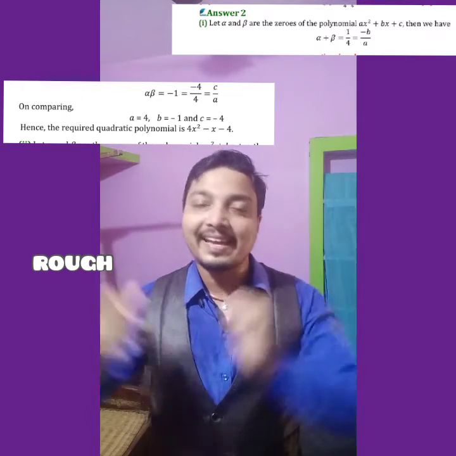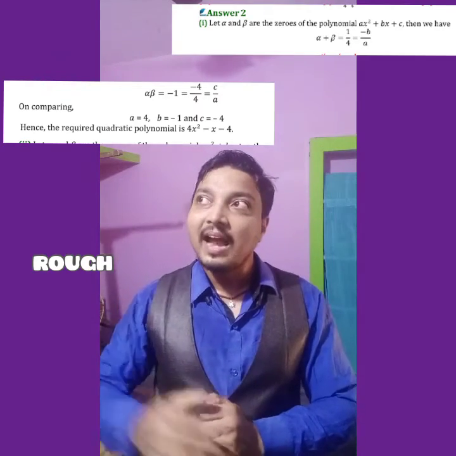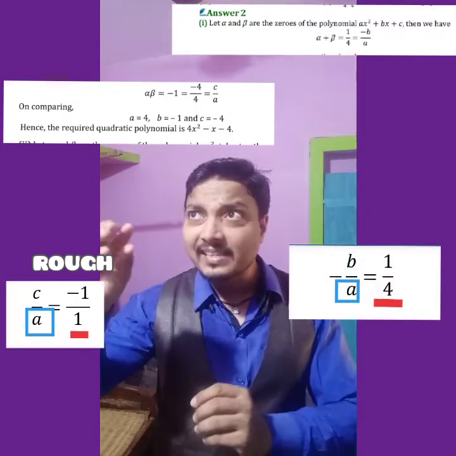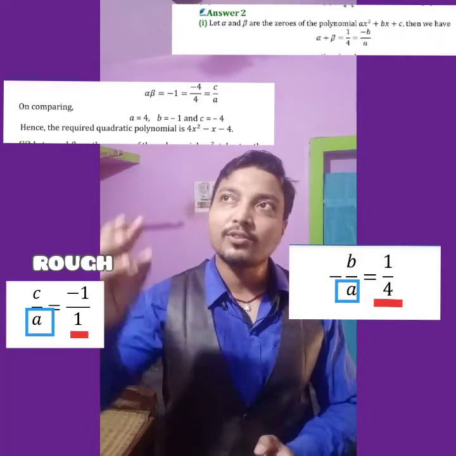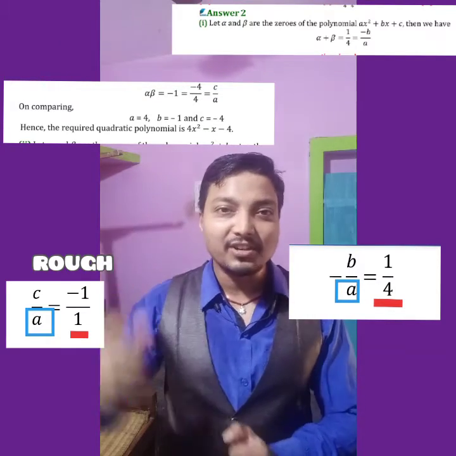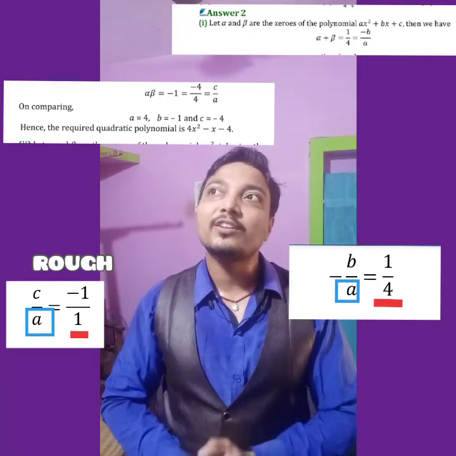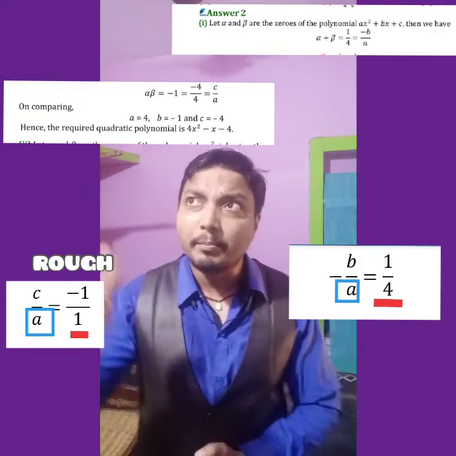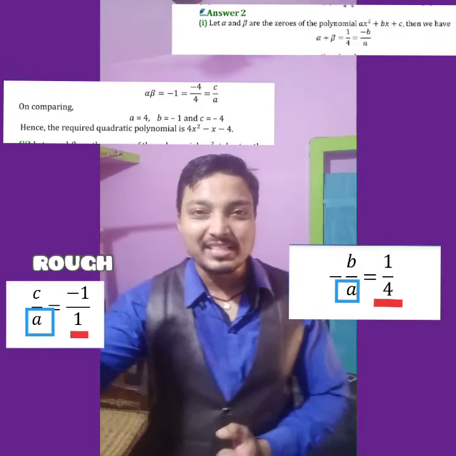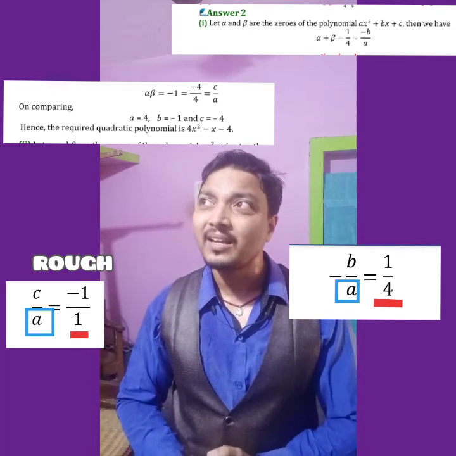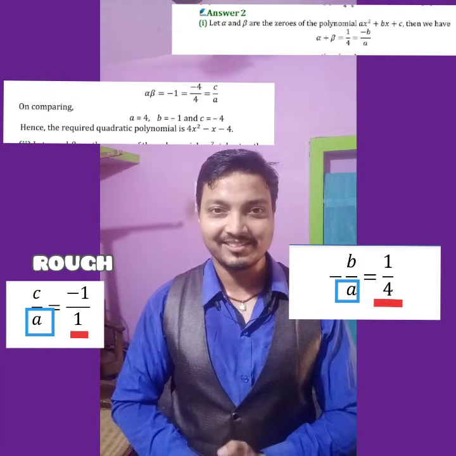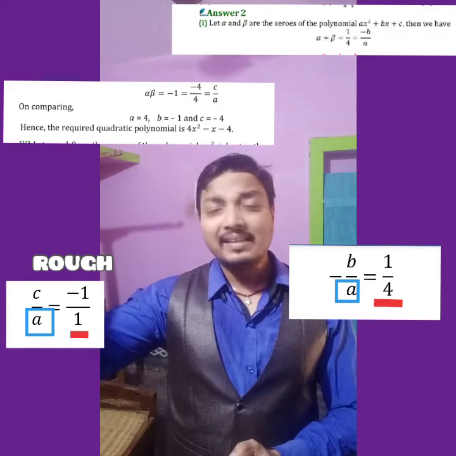See, in both cases, minus b by a and c by a, both are rational numbers with a as the denominator. Let me check what the denominator is. For minus b by a, the denominator is 4, so a matches with 4 parts. For c by a, -1 means -1 divided by 1, so a is 1 part.